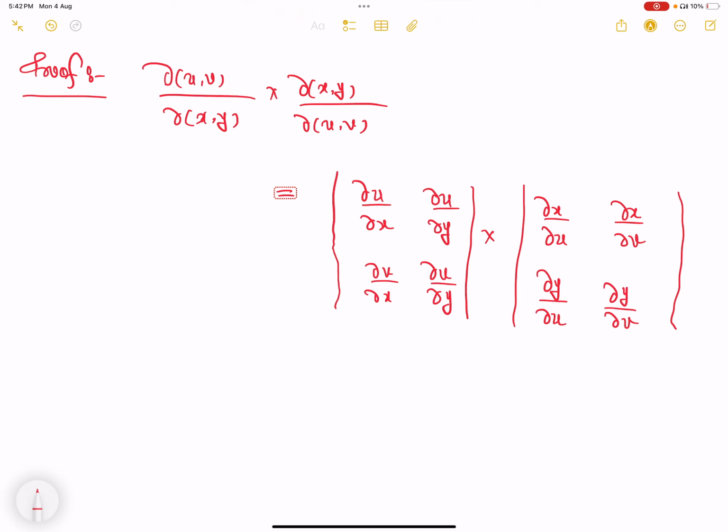So now, because this is the determinant of a matrix, we can multiply these matrices and take the determinant.